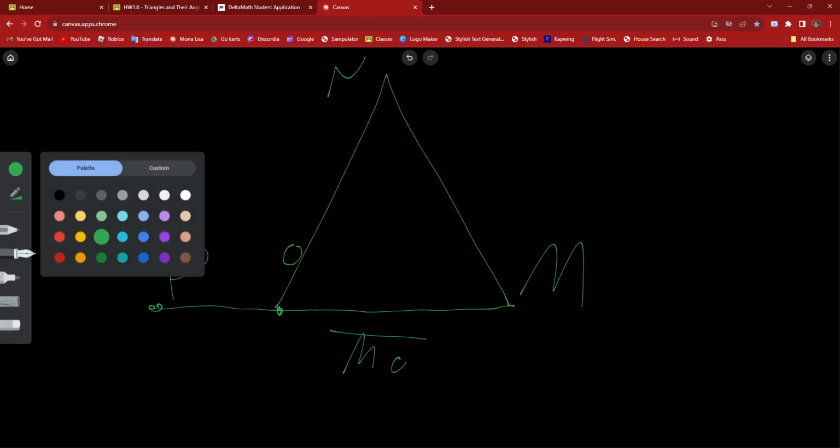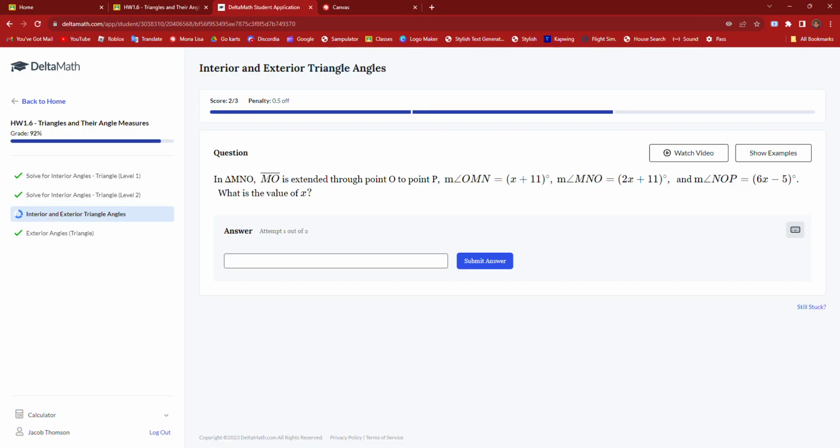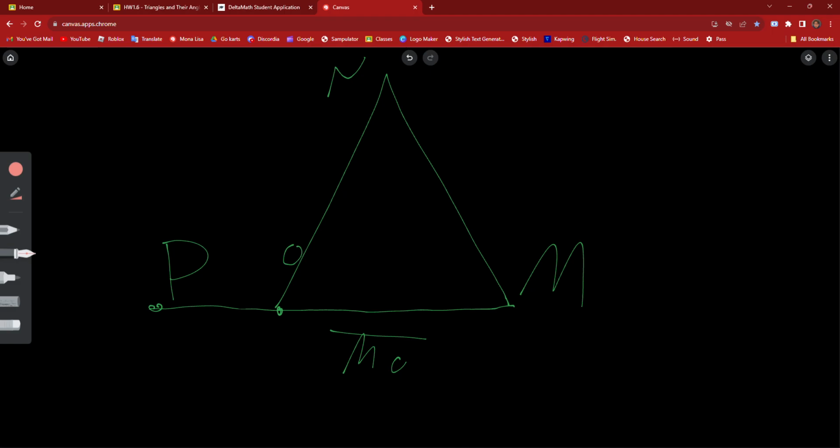So I'm going to change colors real quick. We know that the measurement of OMN is x plus 11. And if you're wondering how I came up with that, it's because when you do that, the M is going to be the middle one, so therefore that's where the angle is.